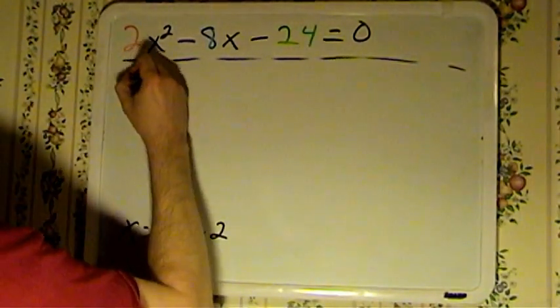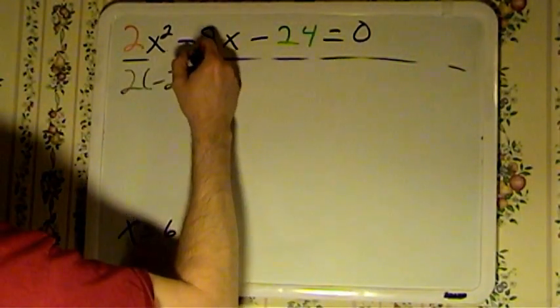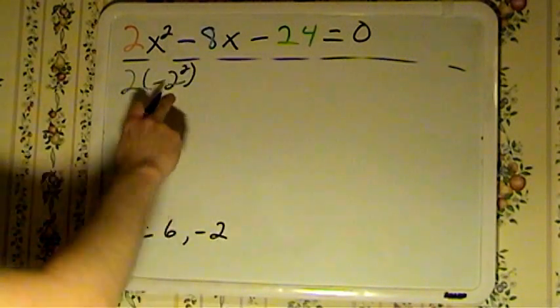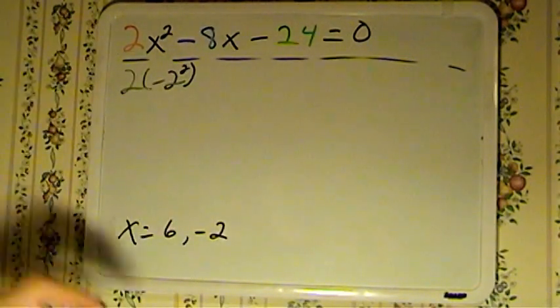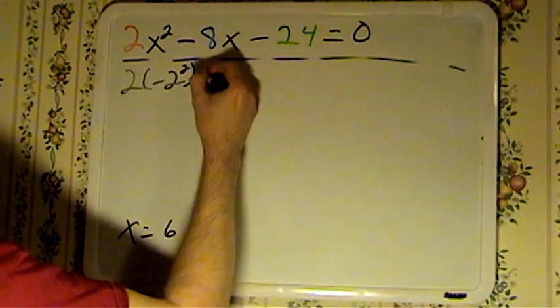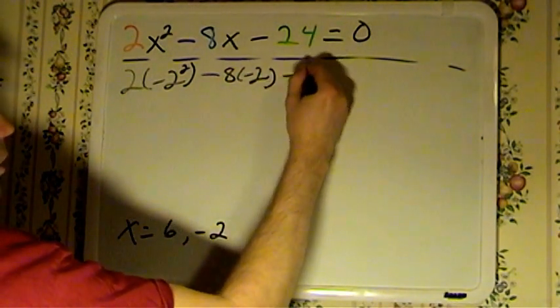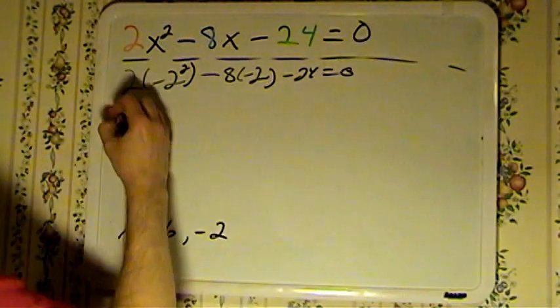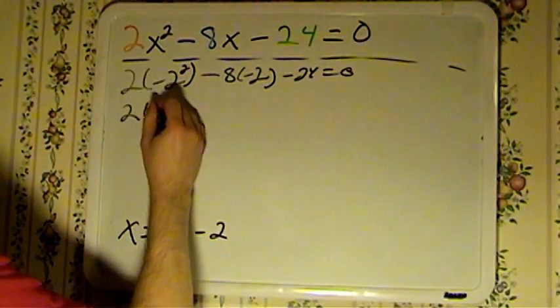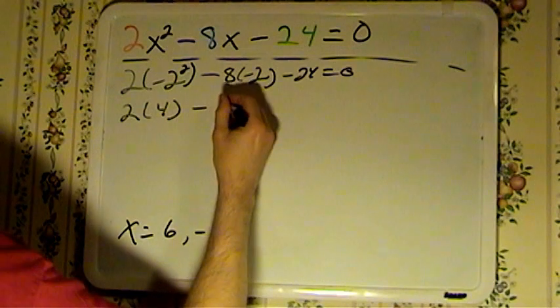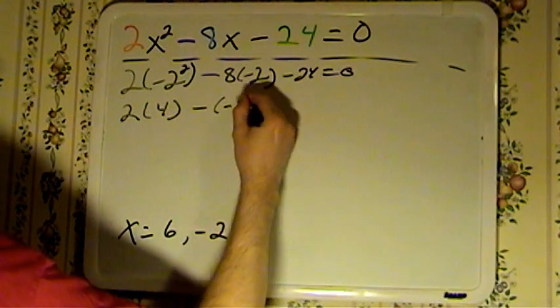Okay, so we're going to come in and plug in our other number. And make sure to square -2, not square 2, and then put a negative in it, especially if you're using a calculator, because the calculator will get confused. Okay, so -2 squared is 4. 8 times -2 is -16.